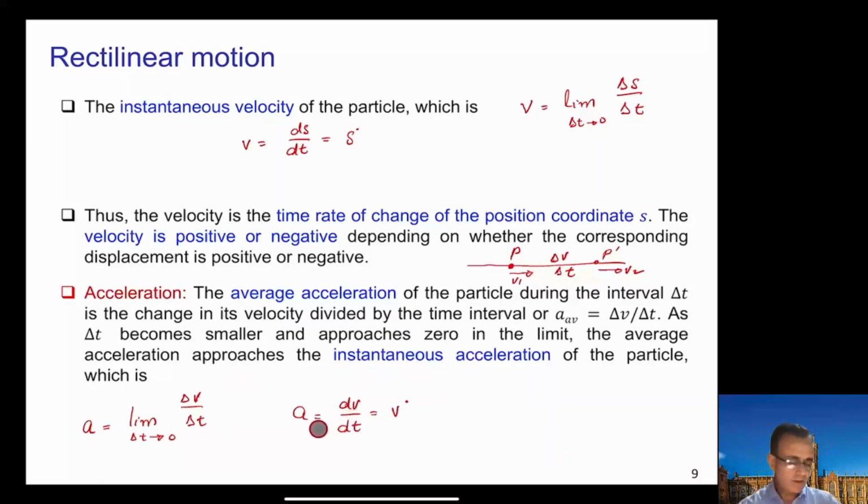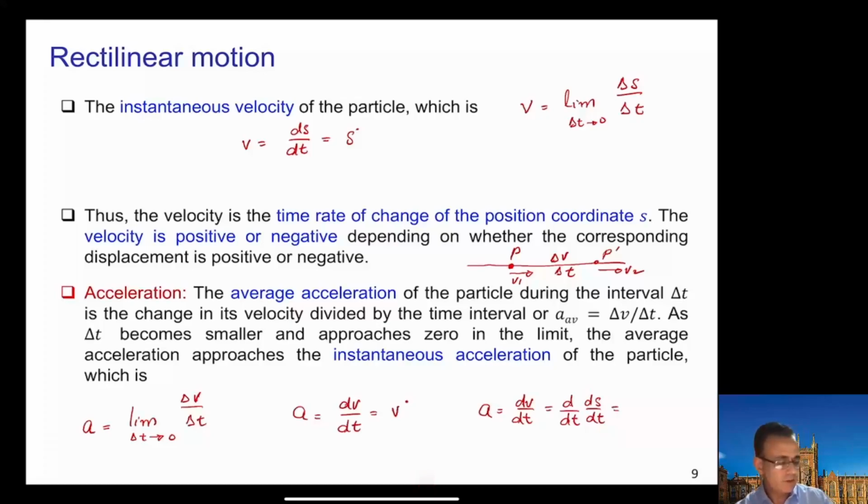Now we can also write a is dv by dt, and we know that v is ds by dt. So in this case we just replace v by ds by dt.